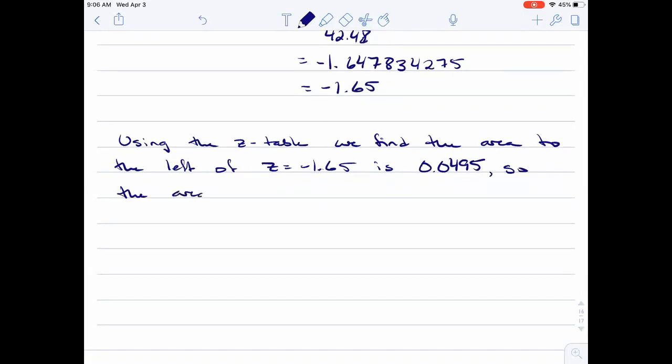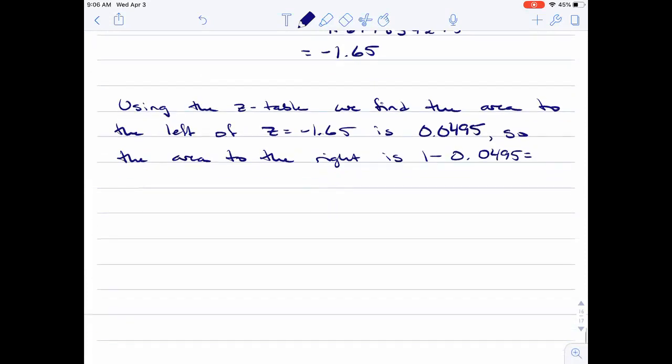So the area to the right is 1 minus 0.0495, which is 0.9505.